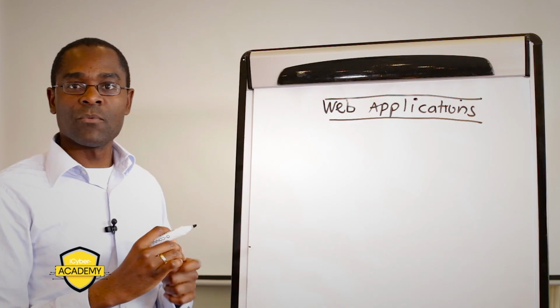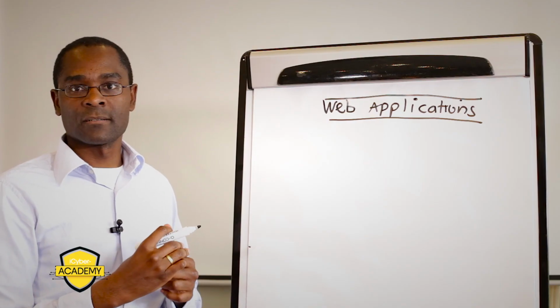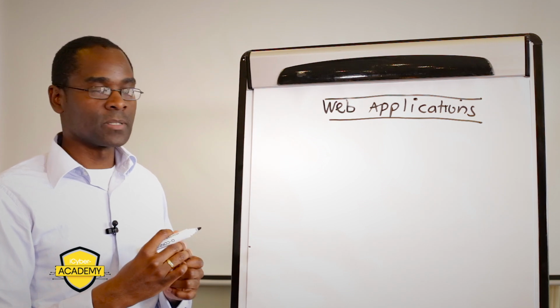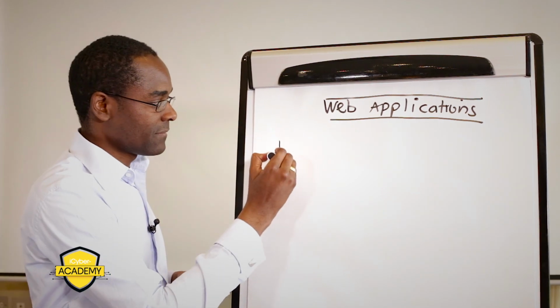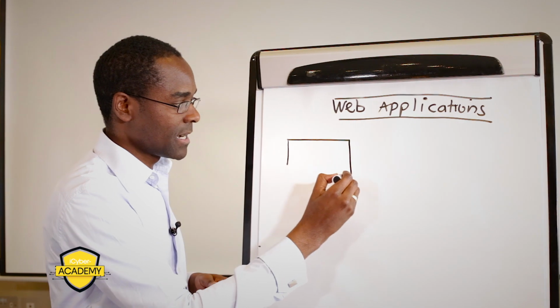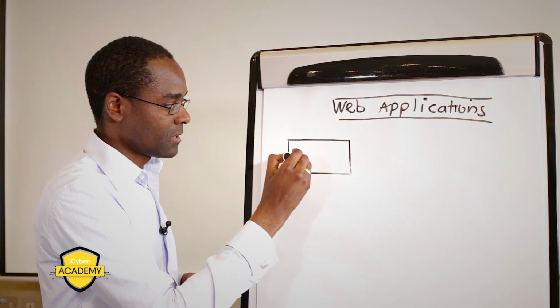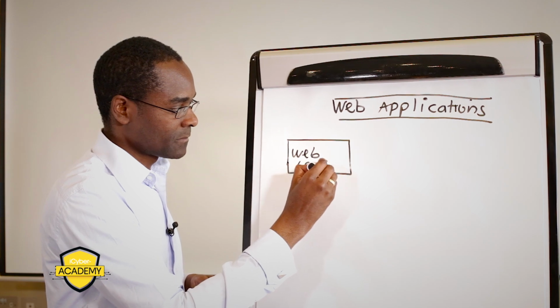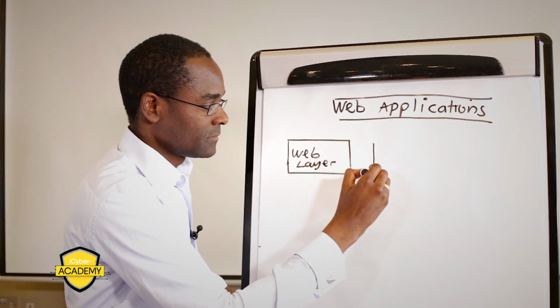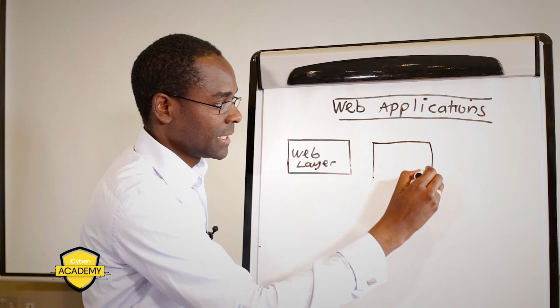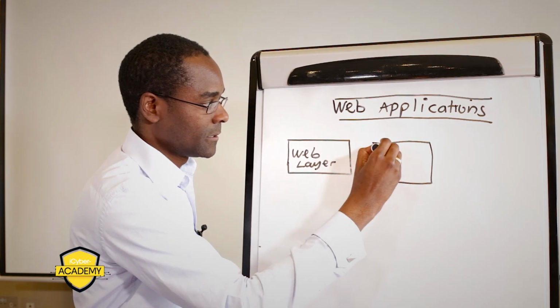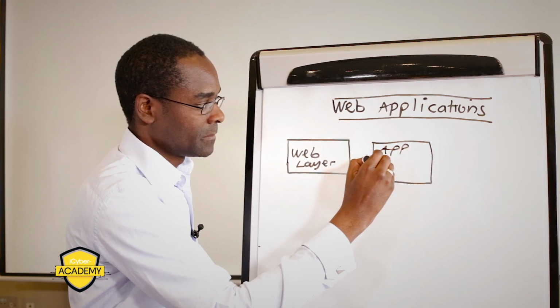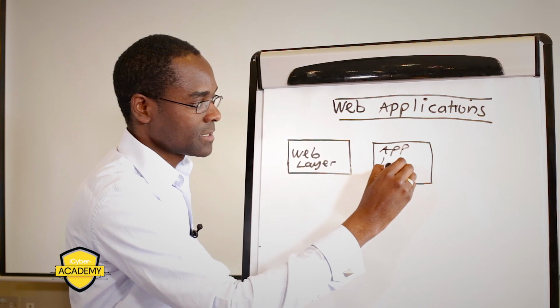So usually we're going to talk about at least 3 layers of different components. The first component that we have here is usually our web layer. The second layer is usually our application layer. And I will explain all of these in a minute.